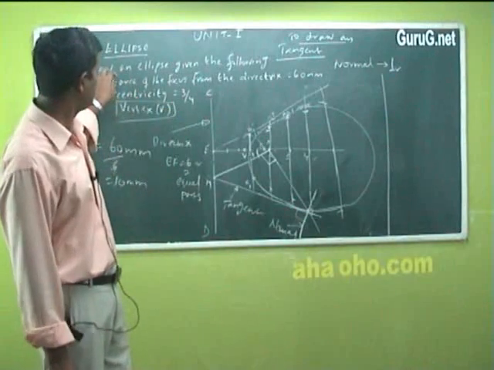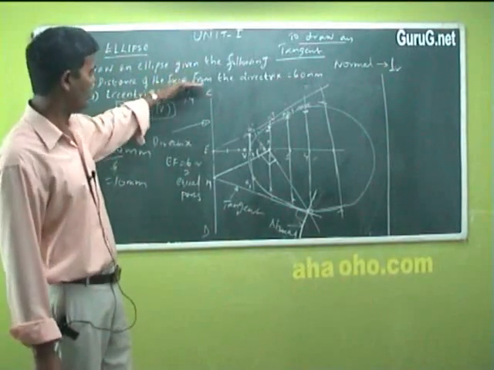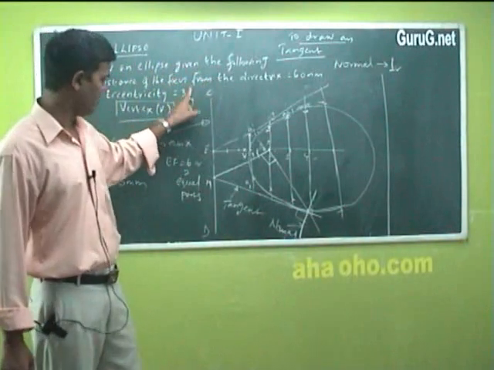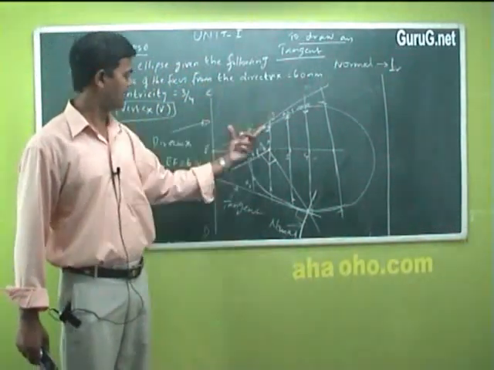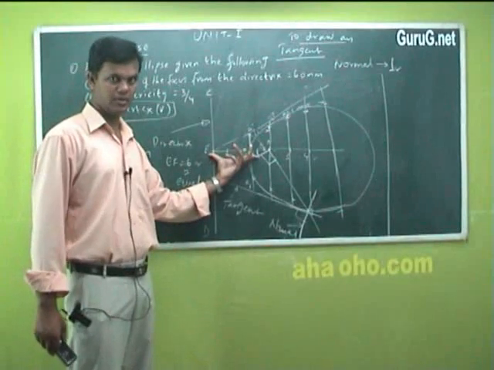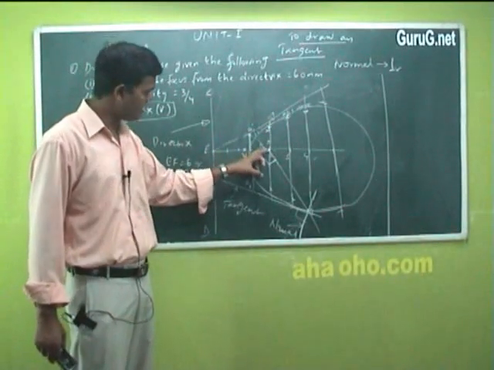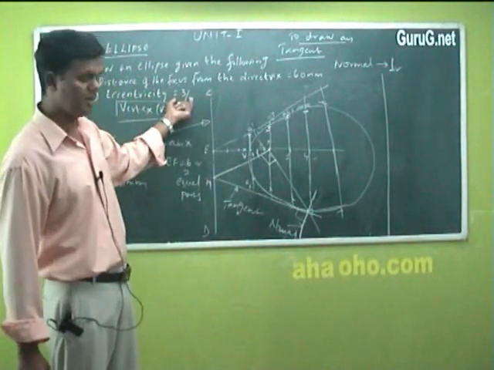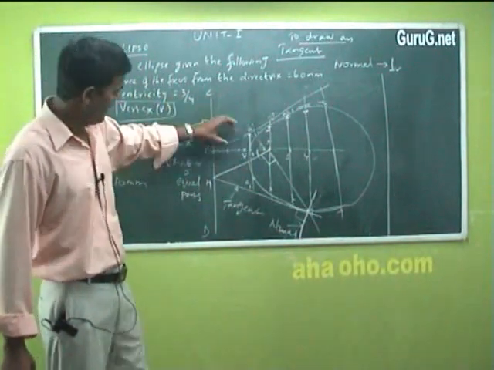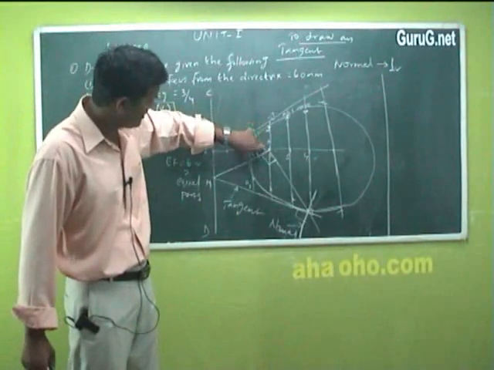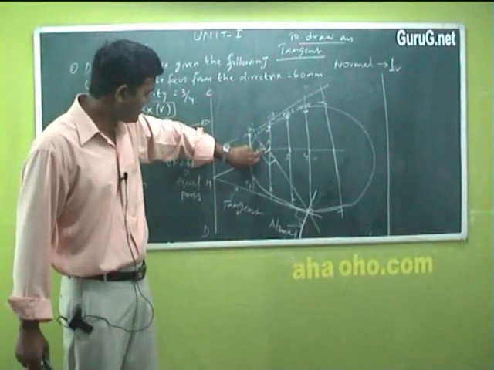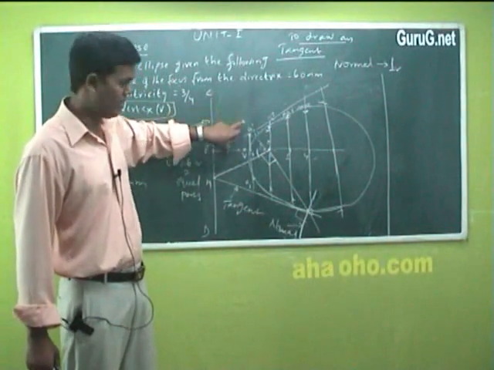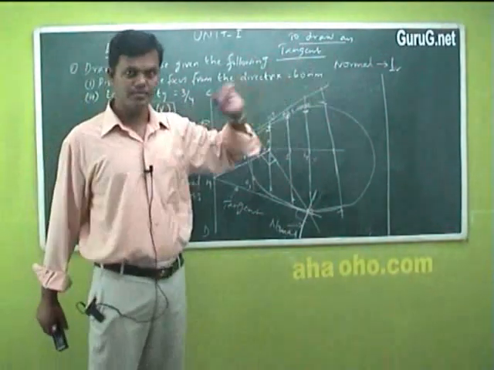So in the question, if it is asked, draw an ellipse with the following given values, normally it will give a distance from the focus point. Focus point is F, and the distance to the directrix is 60 millimeter. Very simple. You calculate that point, fix your vertex V at a distance of 3/4, and from that point you fix an arbitrary point 1, and with that distance to the focus F you make an arc and bring it to a perpendicular line, and you just join it.